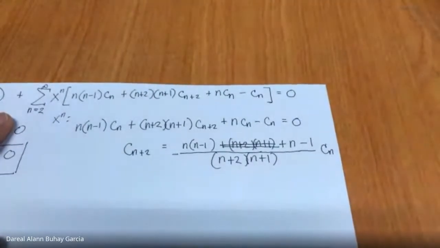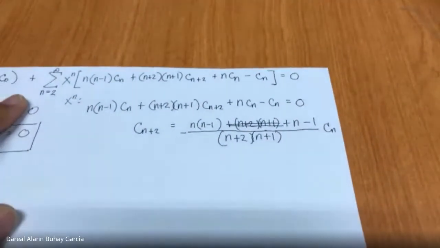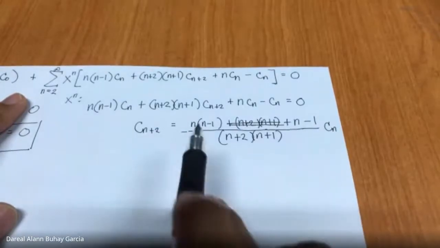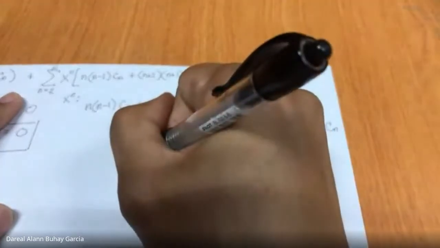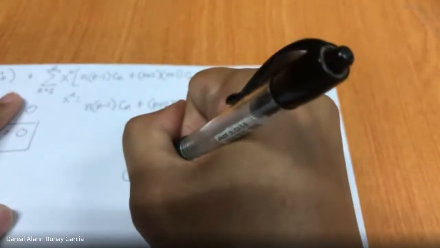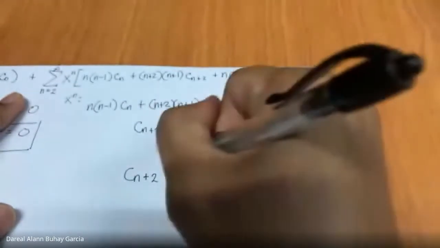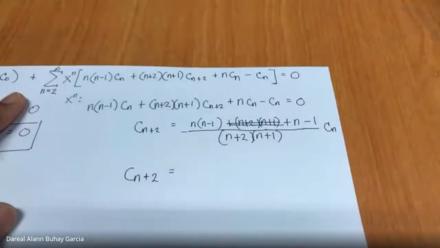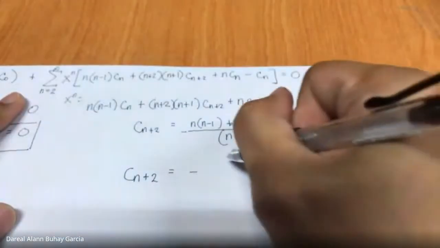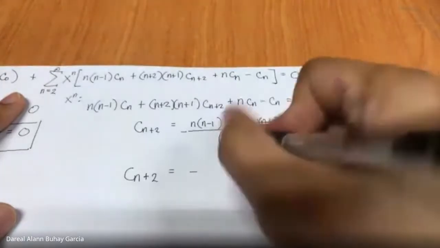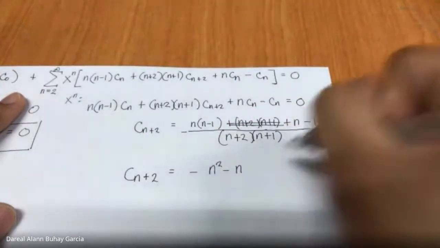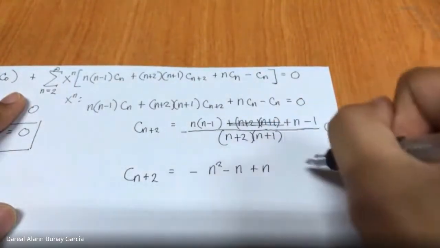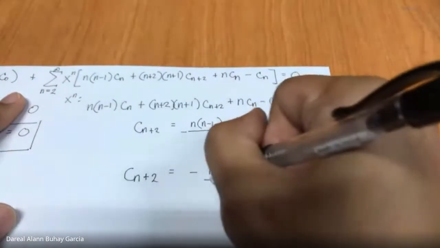Negative. Very good. So, na-simplify sa taas. N squared minus n plus n minus 1.